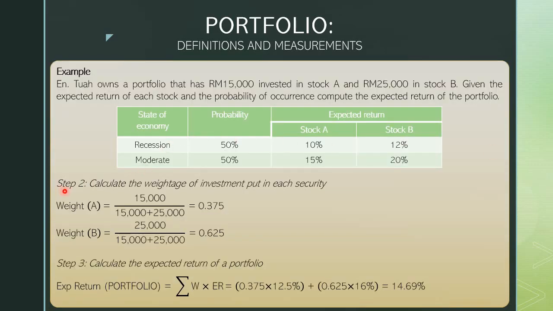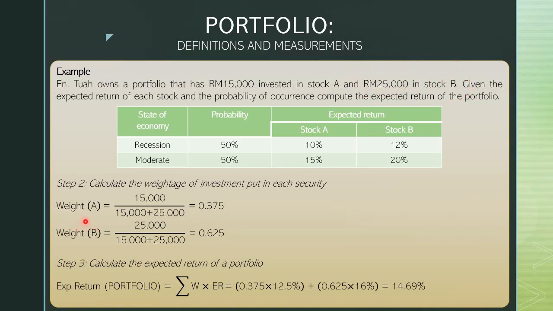Next, step 2, we need to calculate the weightage of investment that Encik Tua has put in stock A and stock B. From here we can see Encik Tua has invested more in stock B as compared to stock A. So any loss or return earned from stock B must reflect more in the portfolio return due to the higher weightage of investment.